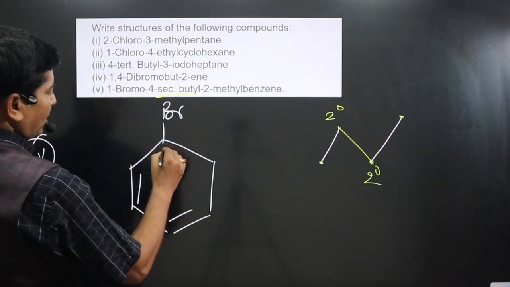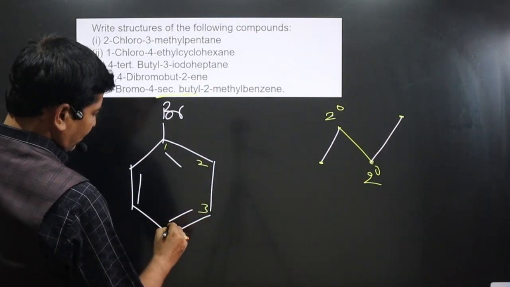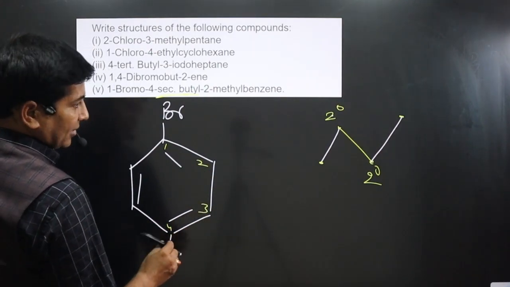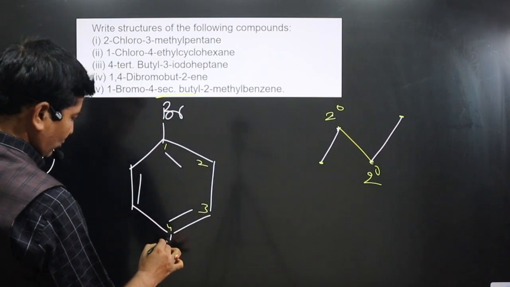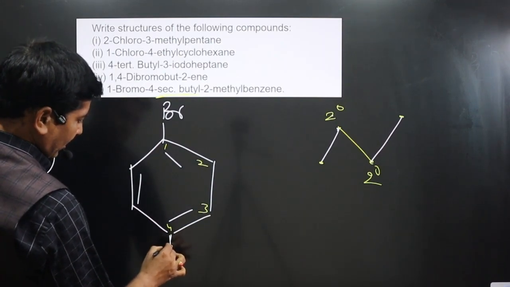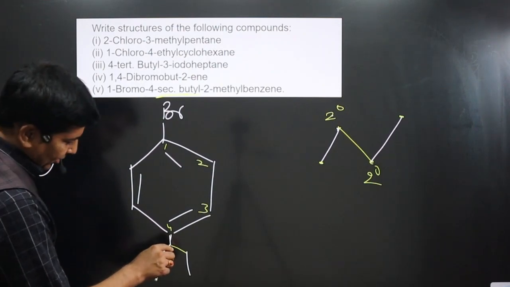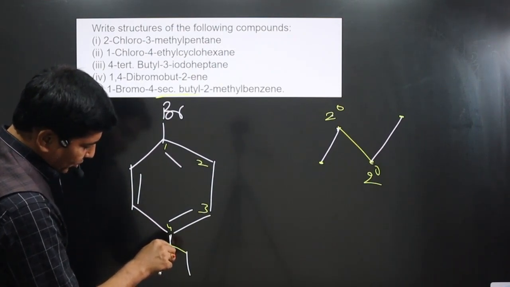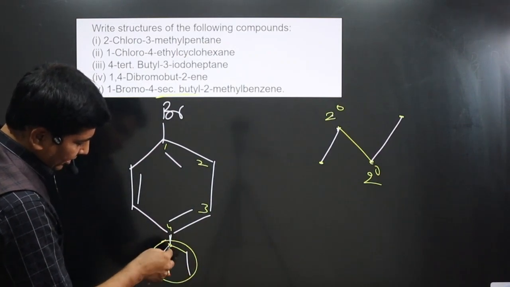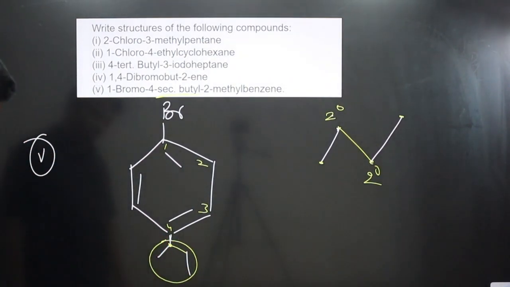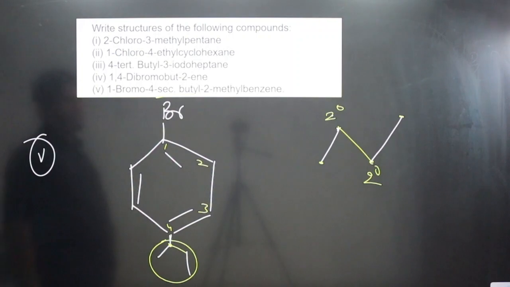So you can see this is the first carbon, second carbon, third carbon, this is the fourth carbon. So here, let's say I attach this one. So we got this one, and then we get this one. Okay, so this is the secondary carbon of the butyl group. This is the butyl group connected to the fourth carbon in the benzene ring.